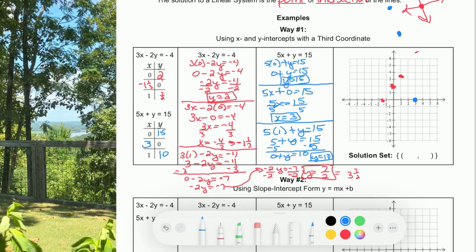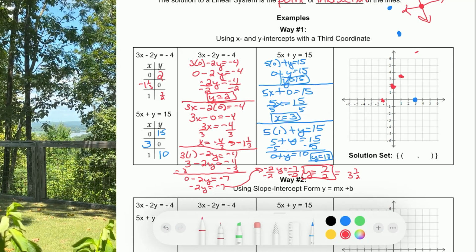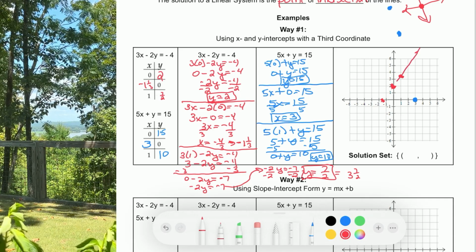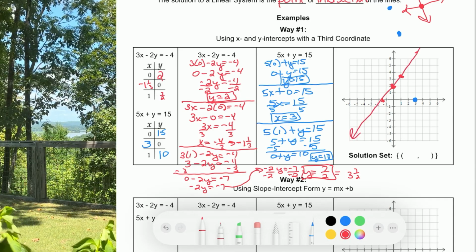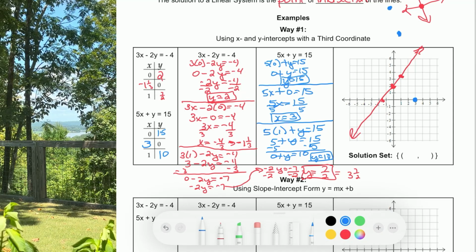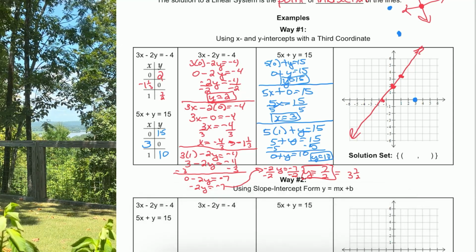All right, let's draw this again. That's better. And then let's draw this one again.